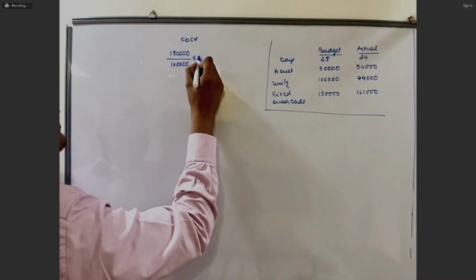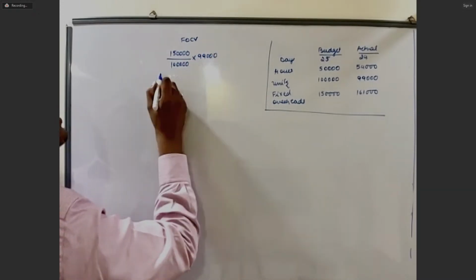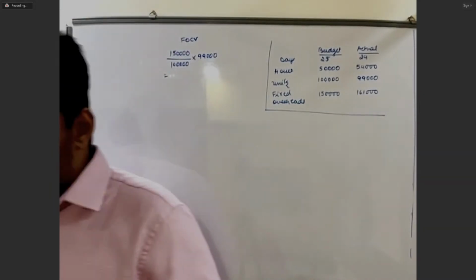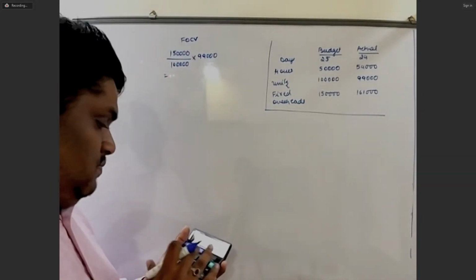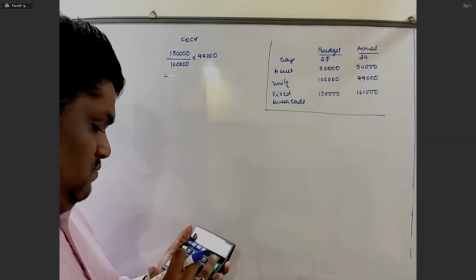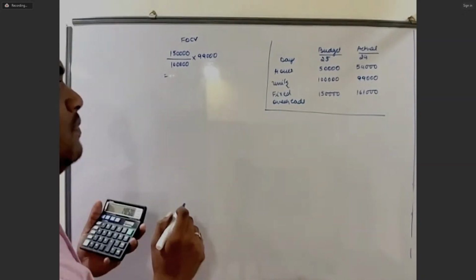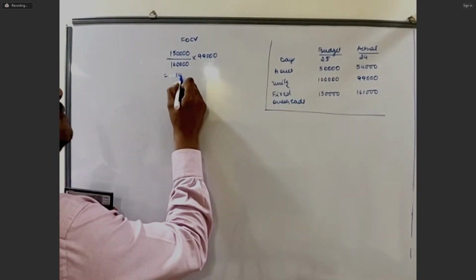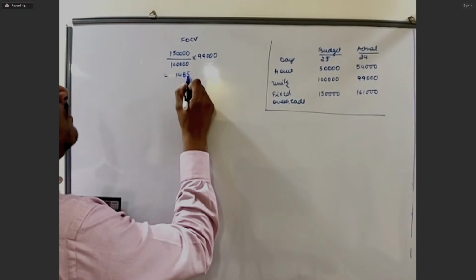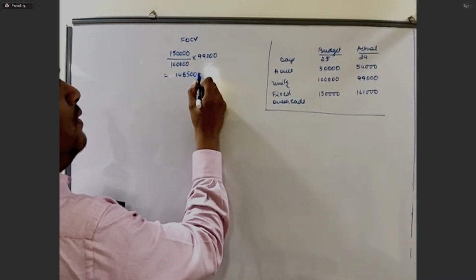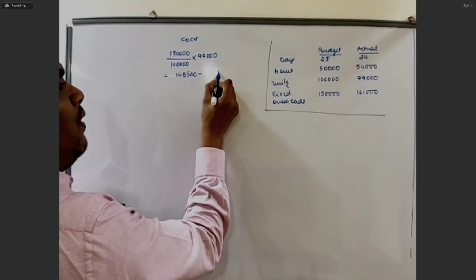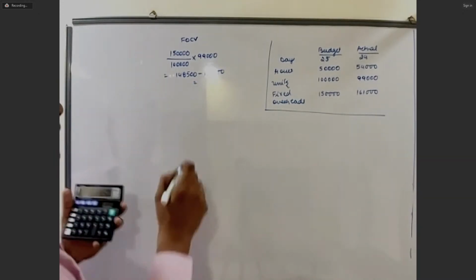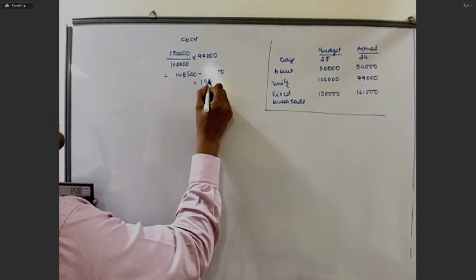Therefore, for 99,000 units, how much? So this will be 12,500 adverse.